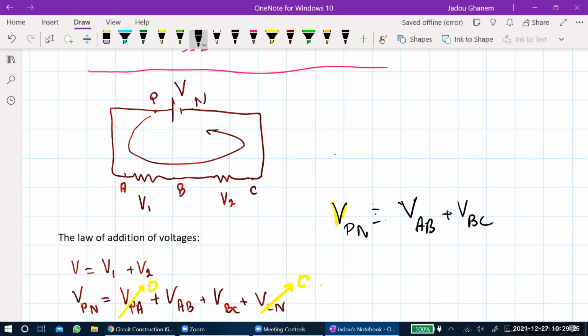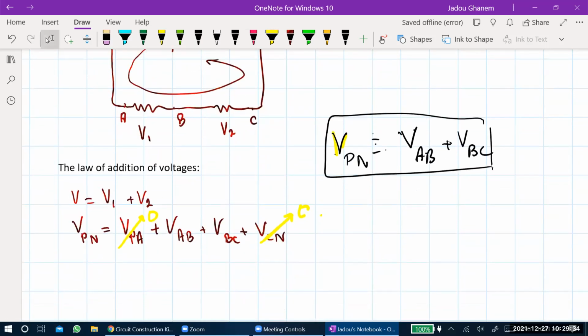If we want to check what's Kirchhoff's voltage law, the main law of this guy, his name is Gustav Kirchhoff, we can just take all these values to the left side. So we can just write it like this: VPN, keep it on the same position, minus VAB, bring it to the same side, and minus VBC also. So it's equal to 0.